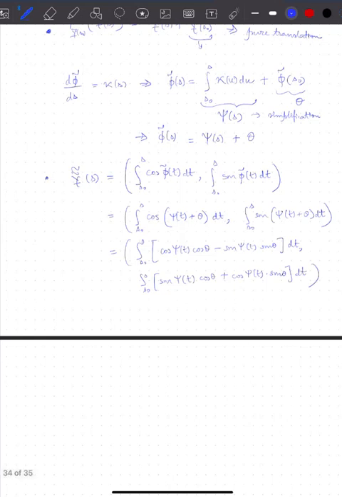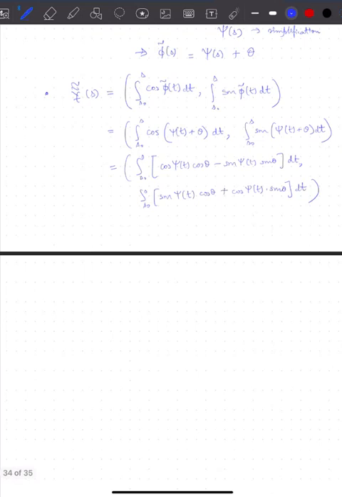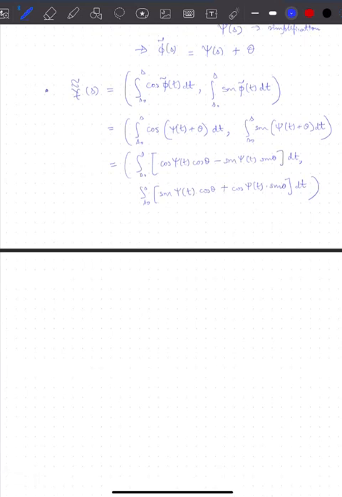So this is what we have, and let's further expand it.